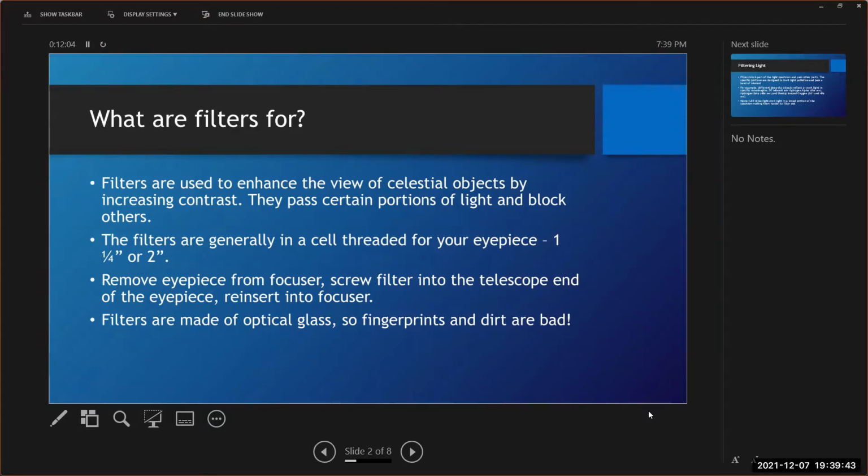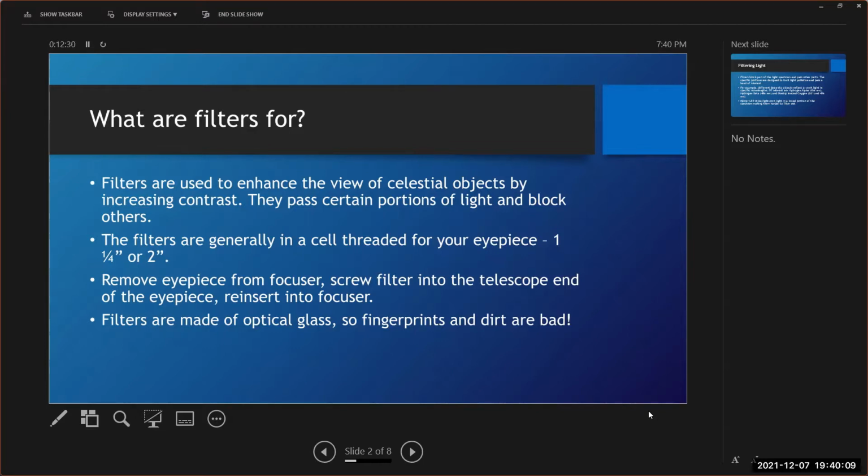Filters for visual use, the reason you would use those would be to enhance your view. Generally speaking, you're increasing contrast with one of these low contrast objects. The way they work is that they pass certain portions of light and block others. How they do that is a fairly interesting process.